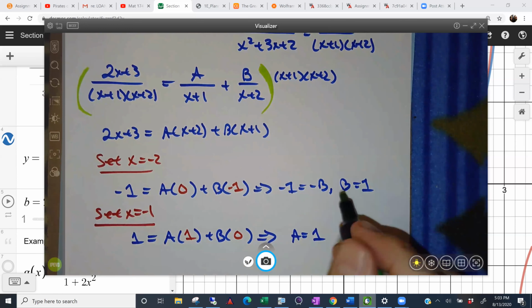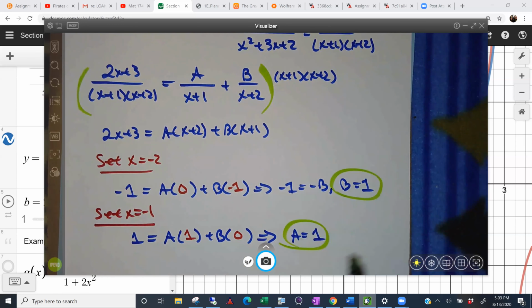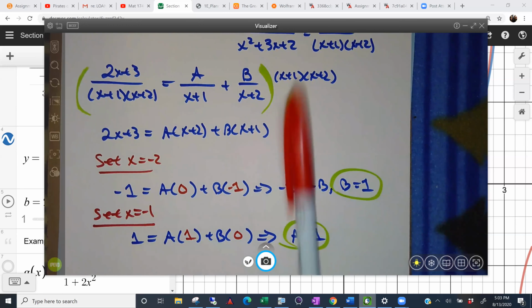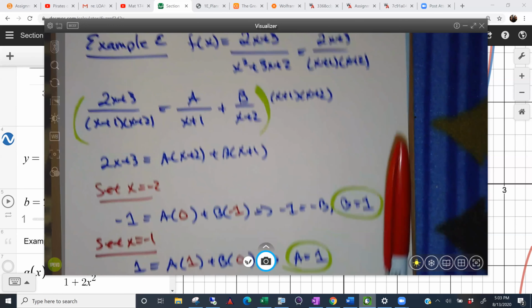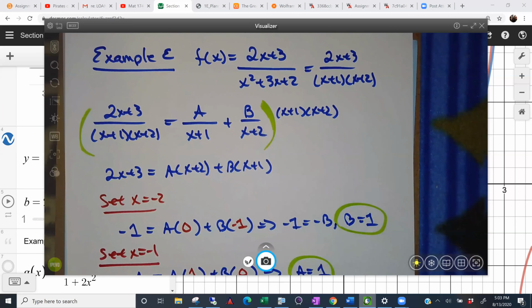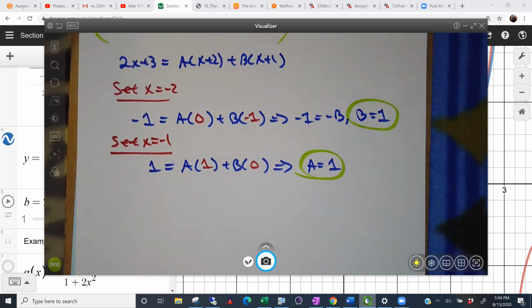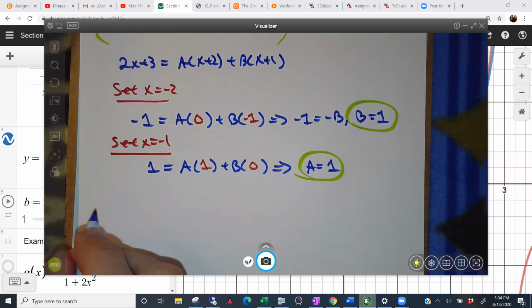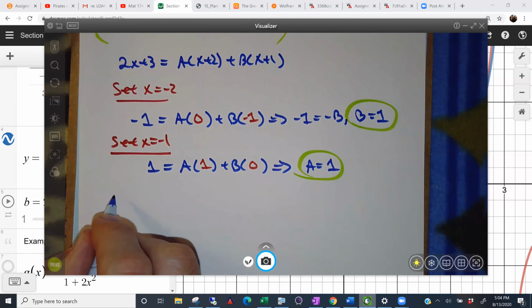So I can rewrite this function up here as a sum of partial fractions. Let's see what that looks like.